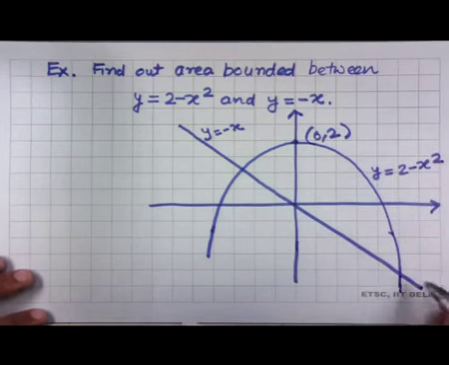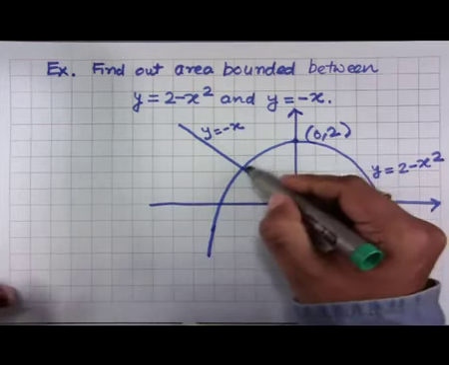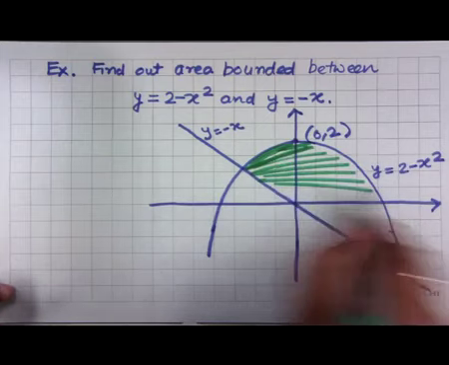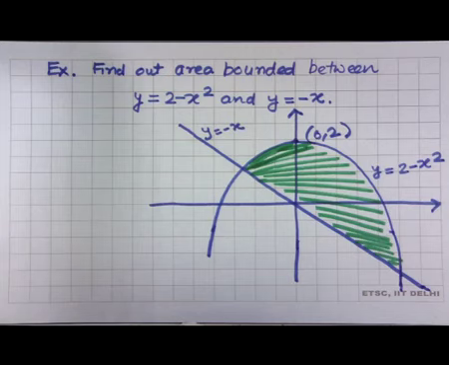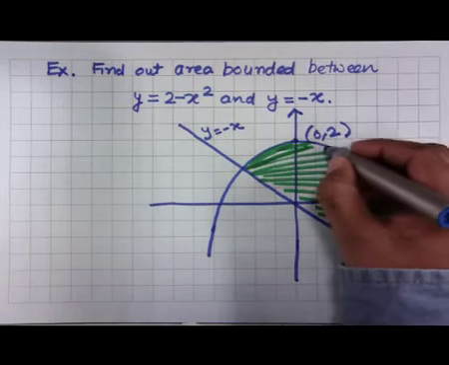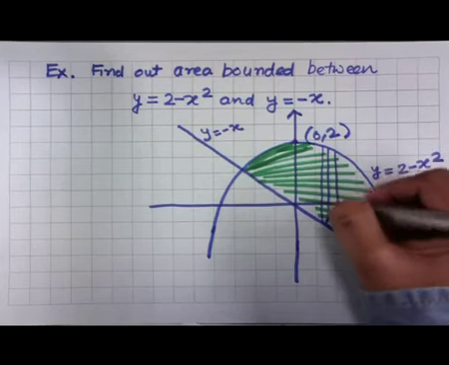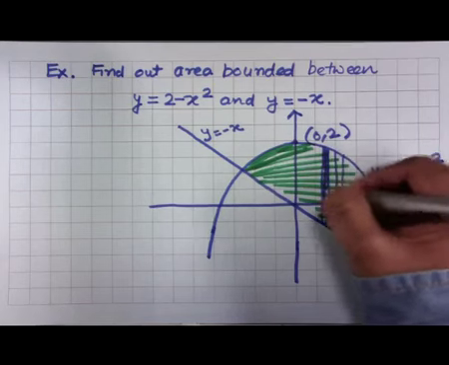So, area bounded between them will be this. So, again, by the process similar to the previous cases, divide this area into thin vertical strips or rectangles, that is known as elementary area.